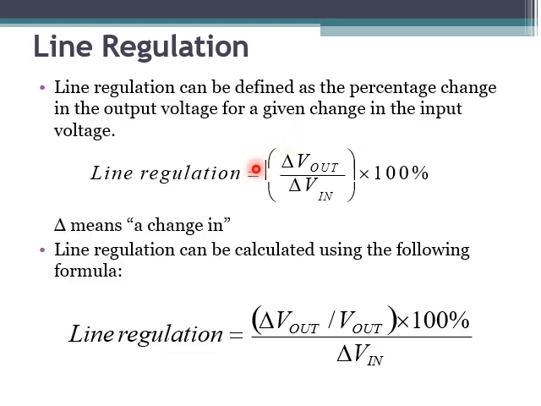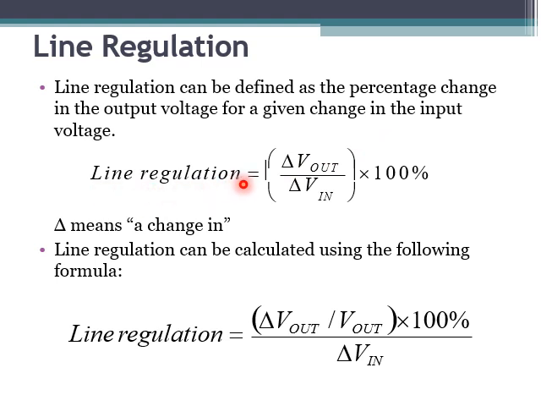Next, load regulation, but before that we'll see the formula for line regulation. Line regulation can be defined as the percentage change in the output voltage for a given change in the input voltage. That is what we have seen. Irrespective of whatever changes in your input, your output should remain constant.